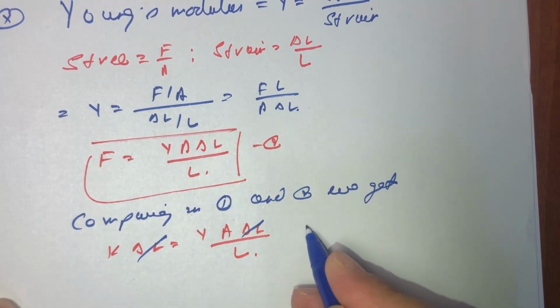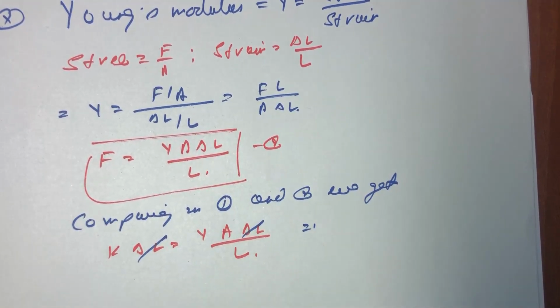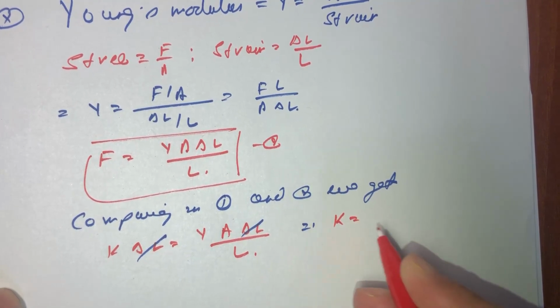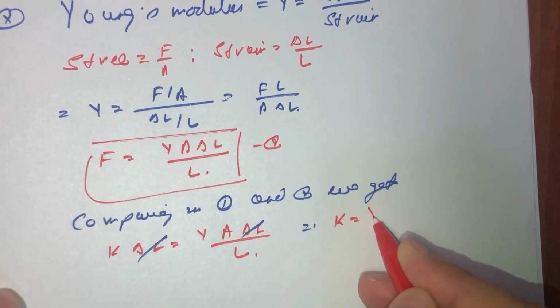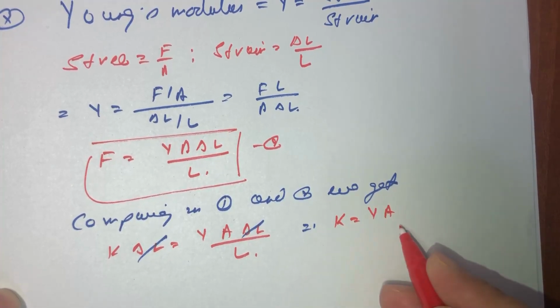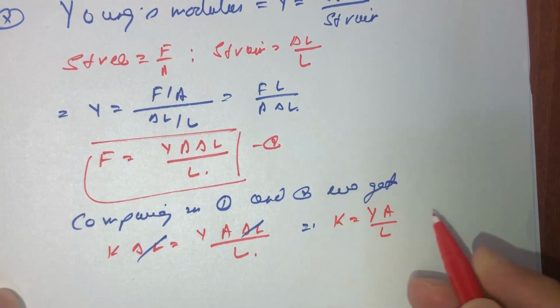So from here we can write that the value of K, which is our spring constant, is equal to YA upon L.